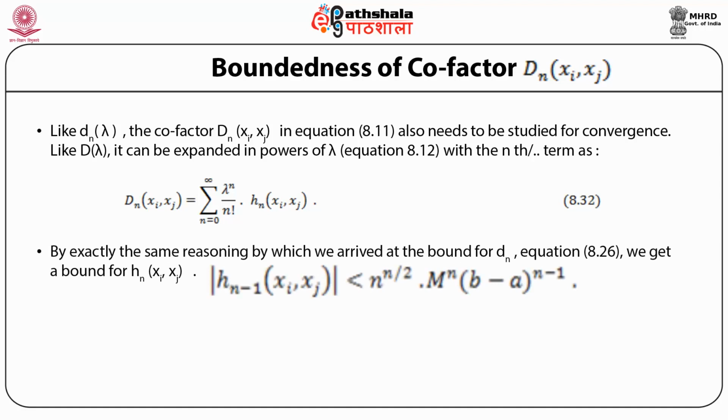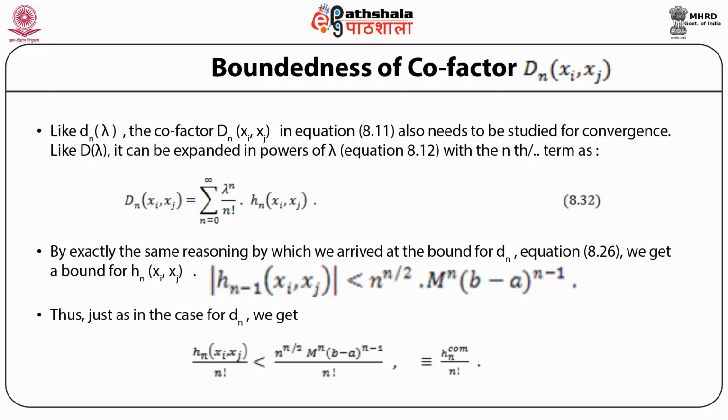By exactly the same reasoning by which we arrived at the bounds of D_n, we get a bound for H_n, a function of x_i, x_j, namely |H_{n-1}(x_i, x_j)| is bounded by n^(n/2) M^n (b minus a)^(n-1).